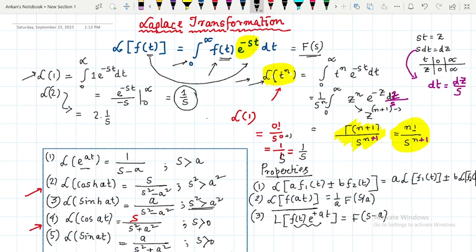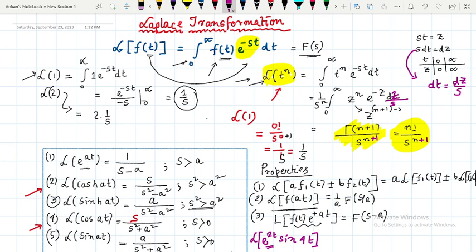Now why am I discussing these formulas? Because suppose you are asked to find the Laplace transform of e to the power 2t sine 4t.